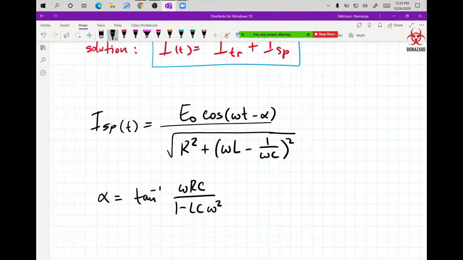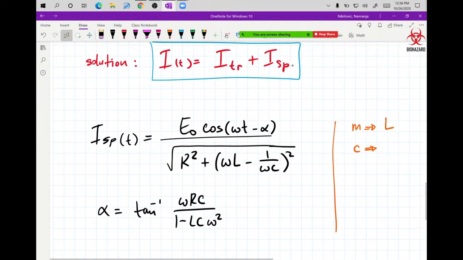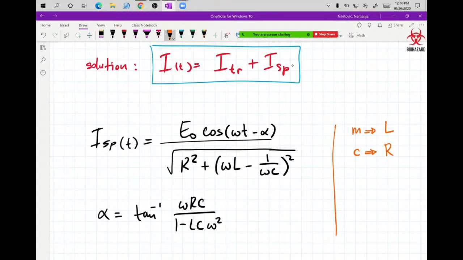You can literally go and replace, you will say M equals L, right? So those of you that want to have any chance of ever becoming an electrical engineer, your job is to rederive these equations by following what I did for mechanical, but simply say M is now going to be L, the C is now going to be R, and the good old K is now 1 over C. Absolutely the same calculation as before.